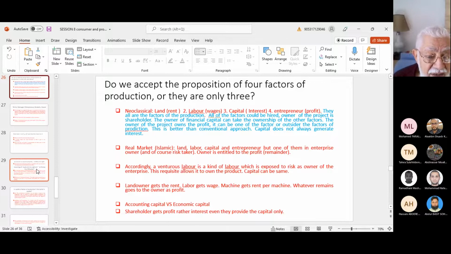What is interest then? What is interest? Anybody can answer that? Interest, riba. What is interest? Does it have anything to do with the production process? It's not part of the production process at all.